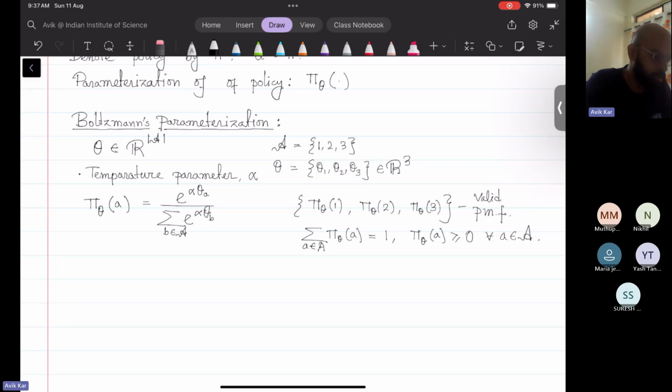But when you run some algorithm, you don't know what your value of theta a, theta b will be.